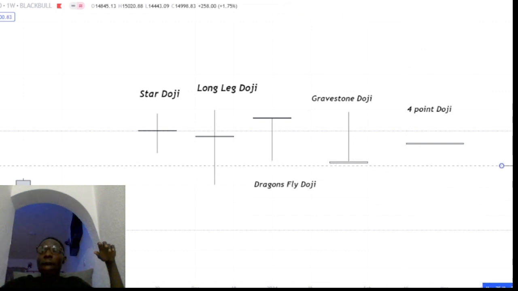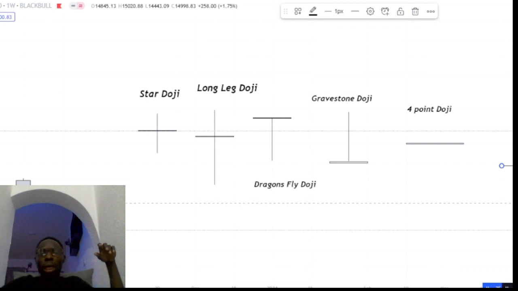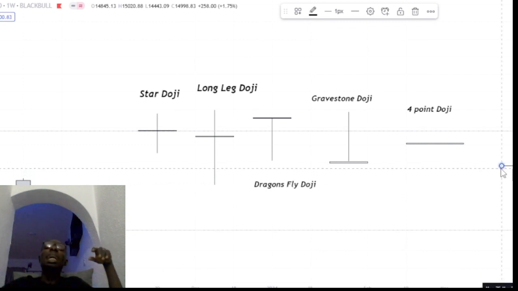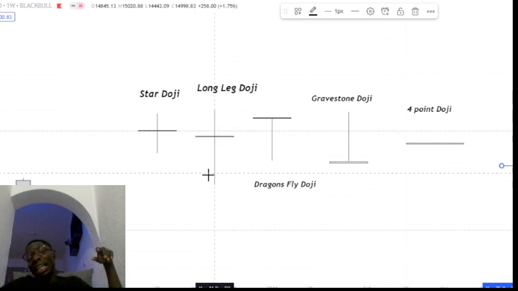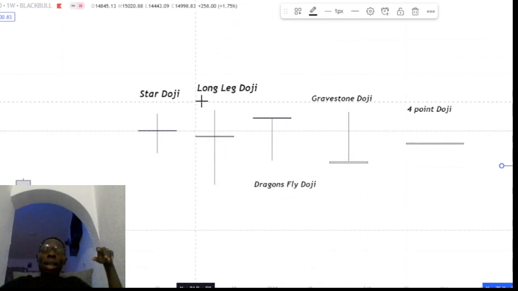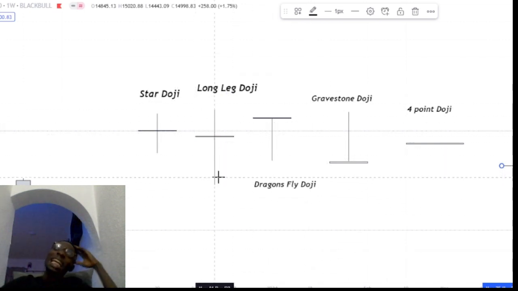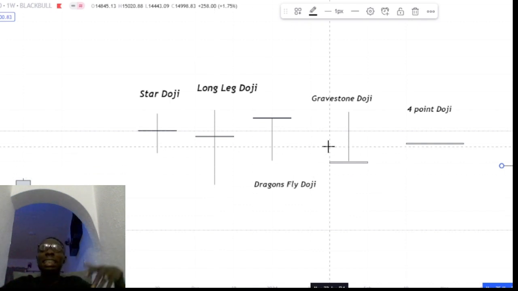Now for the long leg doji. Long leg doji is similar to the star doji, but the difference is that it indicates high volatility in the forex market. This long wick shows that there's volatility. And listen, what makes us make money in the forex market is the volatility of price.